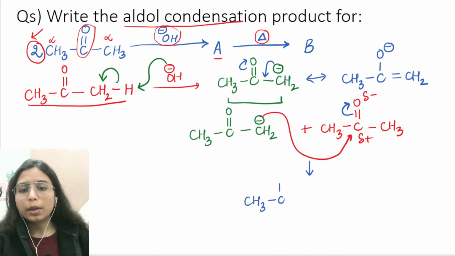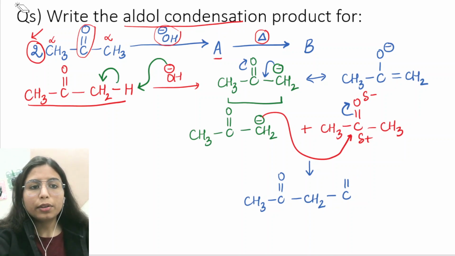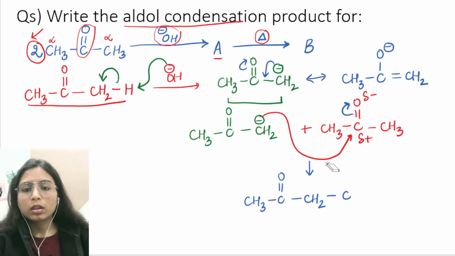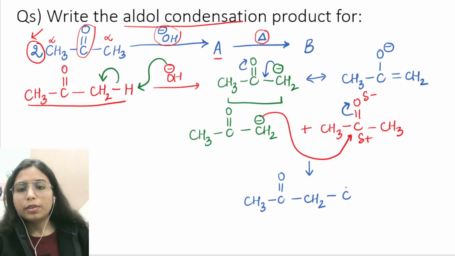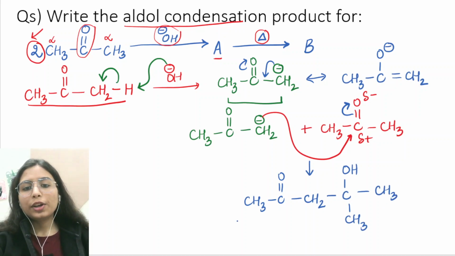CH3 C double bond O CH2 C double bond O. So basically here this will become O negative, and this O negative can get neutralized when it reacts with H plus. So basically it will be OH. Here one CH3 and another CH3. So this is the kind of aldol product that you will be able to get in this reaction.